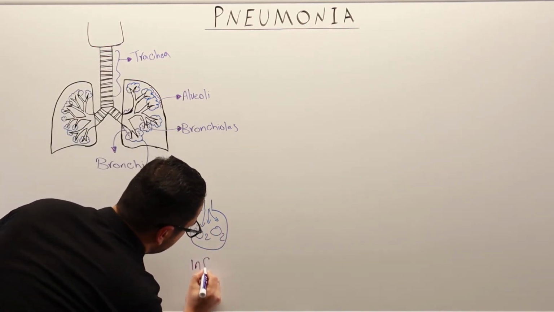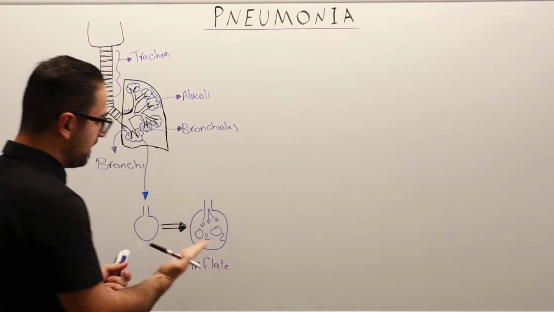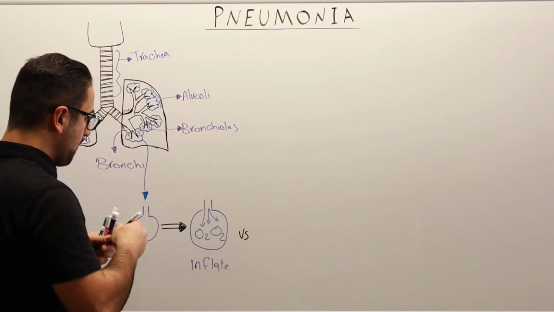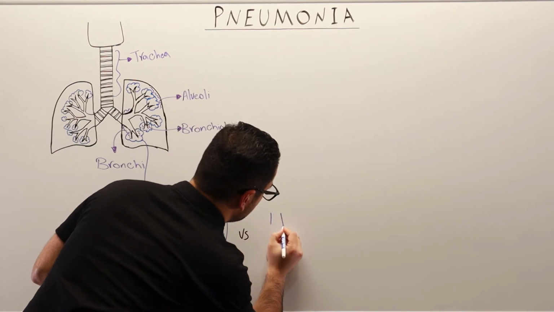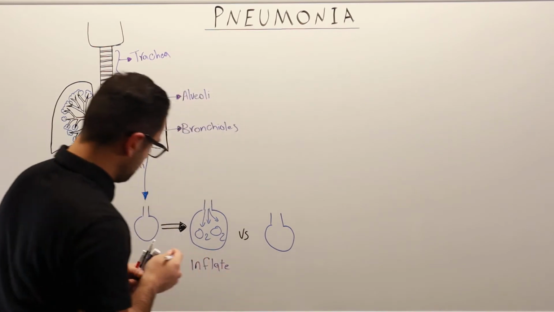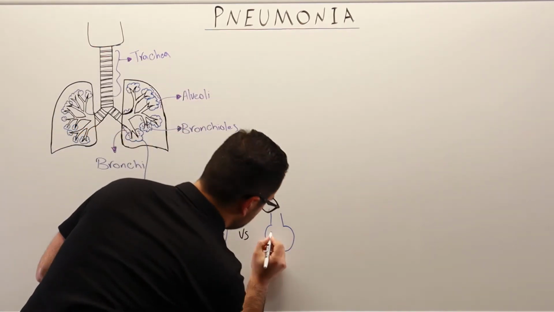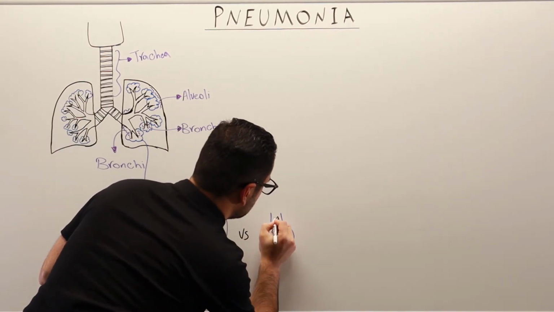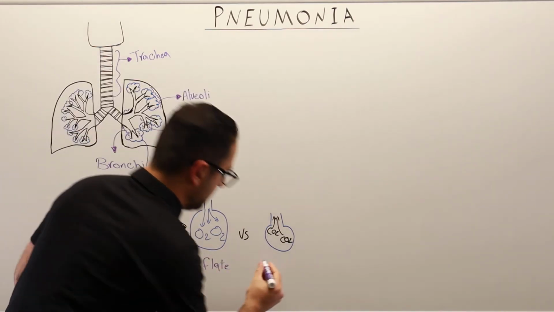So here it would inflate, versus when we exhale, these alveoli become smaller in size. And this is because CO2, carbon dioxide, is basically leaving the body. And in this case, we deflate.